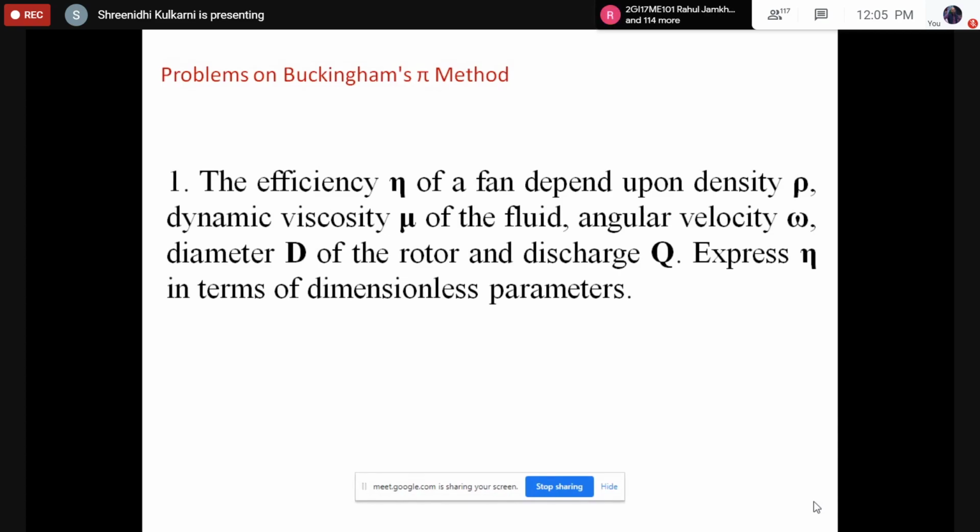Express efficiency in terms of dimensionless parameters. So we have to express this efficiency in terms of dimensionless parameters.